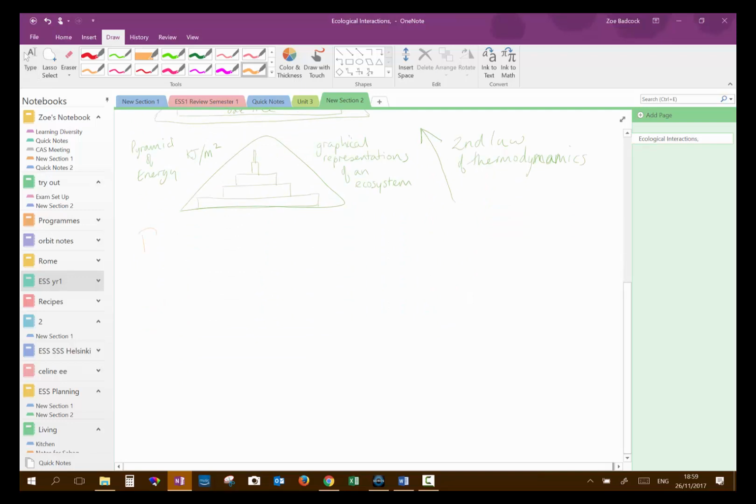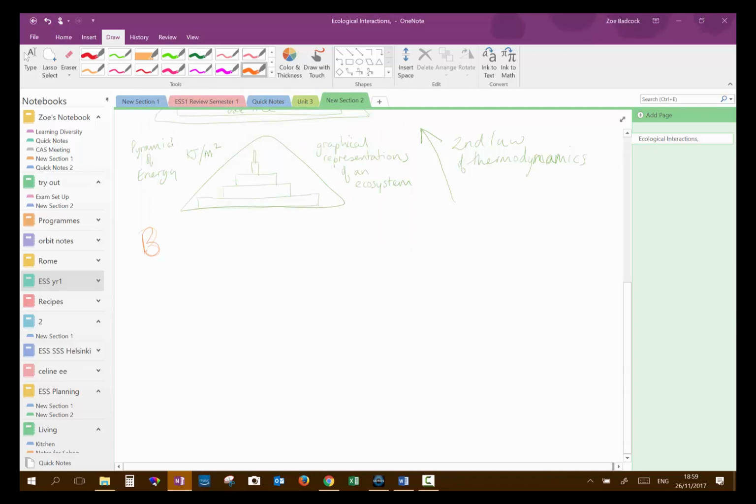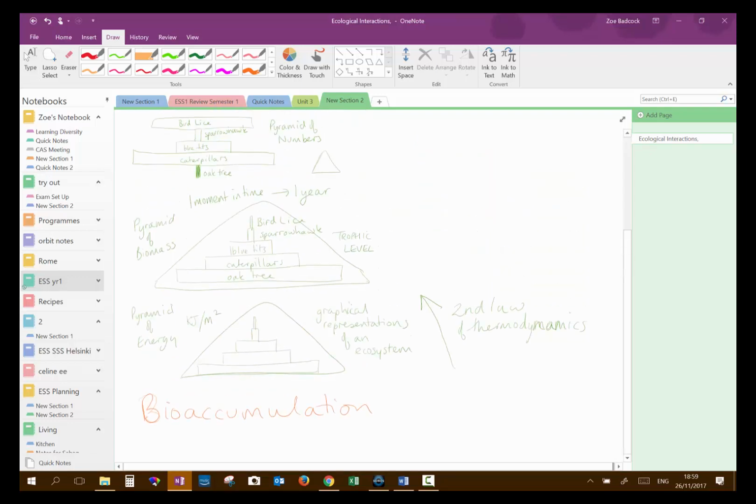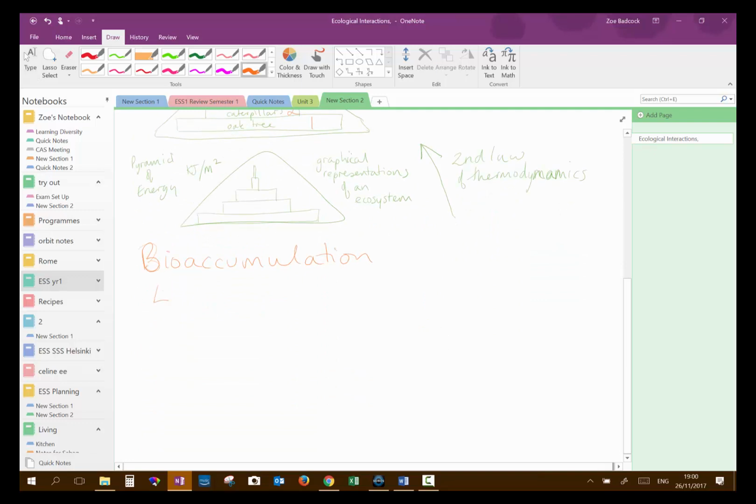We're going to look at bioaccumulation to start with. So let's think about that poor bird of prey. The poor bird of prey, the sparrowhawk, is on the first, second, third, it's on the fourth trophic level.